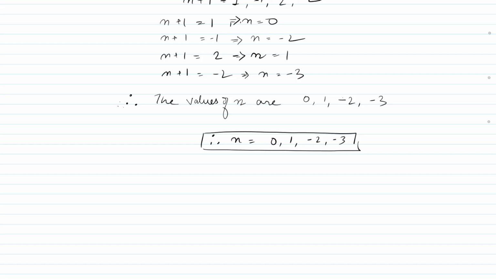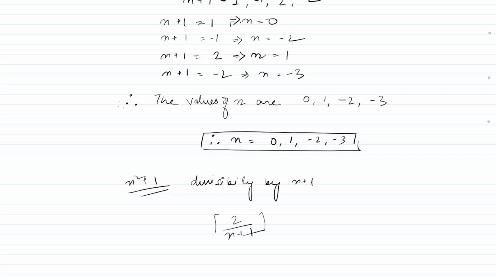This is a very simple idea. The main core idea behind the problem is that we change the expression in a way so that most of it becomes divisible by n plus 1. There was only a small leftover part, that was 2 by n plus 1, right?